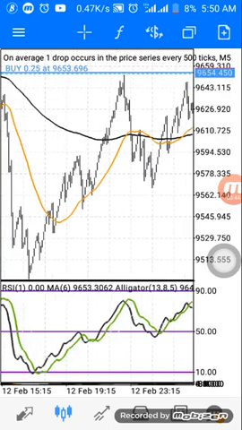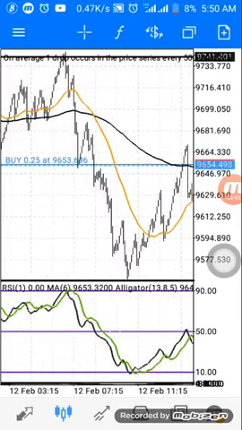Now, how does it work? First of all, this moving average 200 is actually called the dynamic support and resistance level. Sometimes I use it for trend lines. It serves many purposes if you know how to use it well.